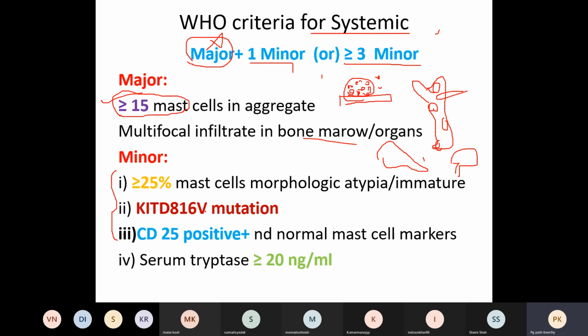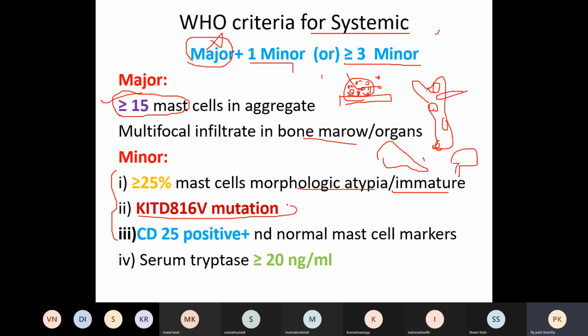Then what is the minor criteria? For example, you are seeing 15 cells in a cluster. In that, 25% means at least 5 mast cells should show cytological atypia or be immature. So in whatever cluster you are seeing, at least 25% of mast cells should show morphological atypia and immaturity.